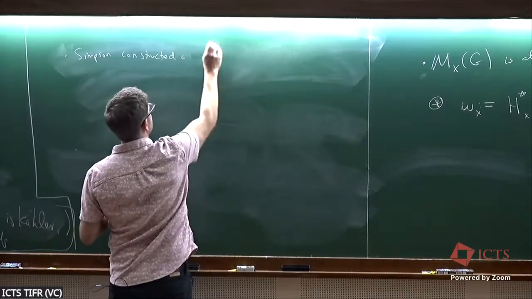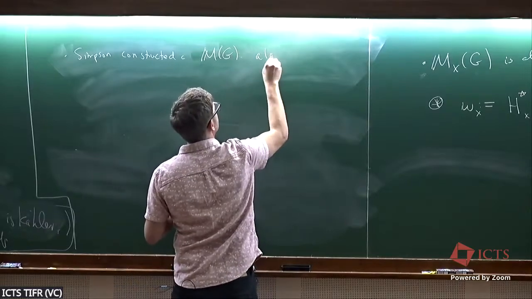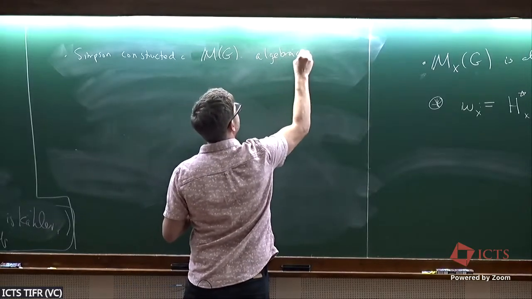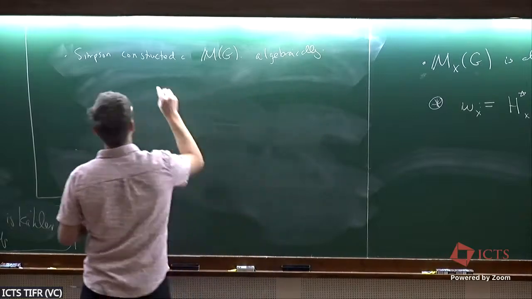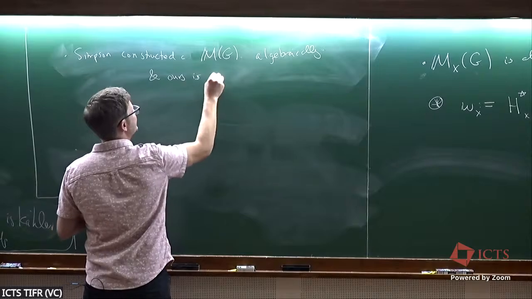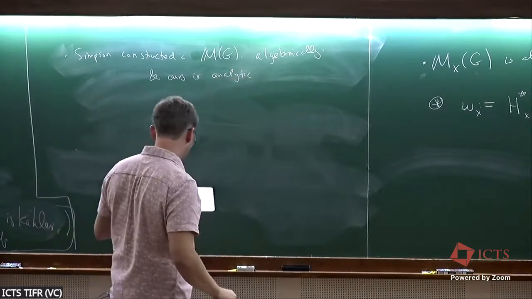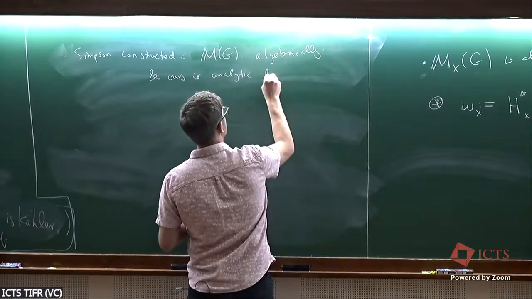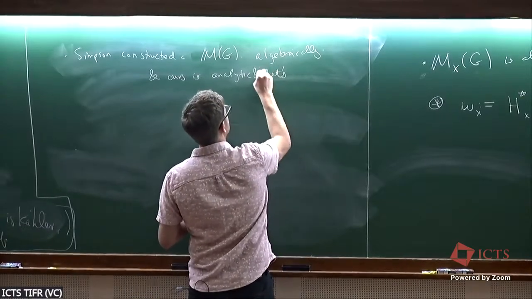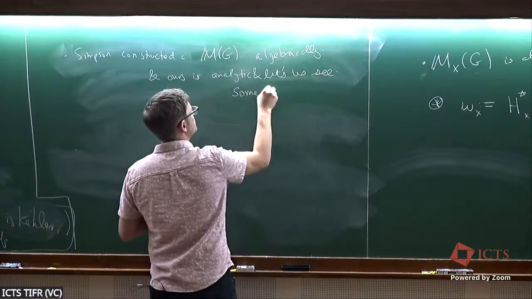I mean, he constructed M_G algebraically, and ours is maybe analytic or gauge theoretic. And from this perspective, we get some extra information.